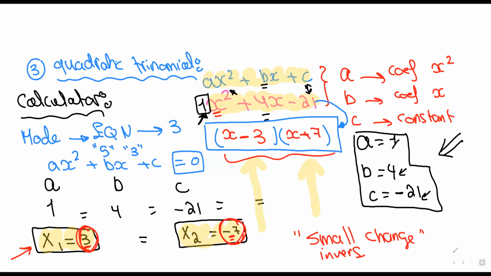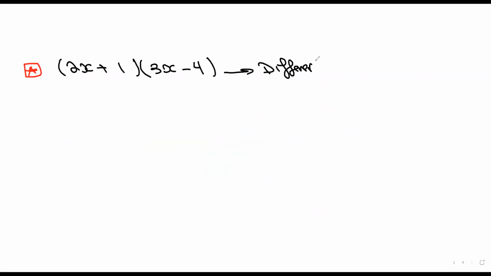Let's take another example on how to use the calculator to factorize quadratic trinomials. Let's start with the expansion of these 2 brackets: 2x plus 1 and, for example, 3x minus 4. These 2 brackets are called different brackets.